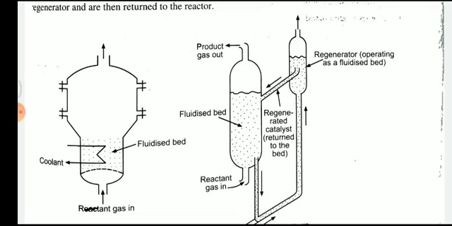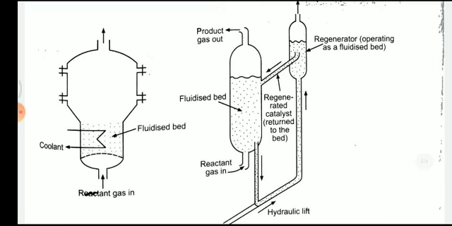In the fluidized condition, the reactant gas flows from the bottom portion of the vessel, and then it is removed from the top of the vessel. And at the fluidized bed, the coolant is supplied.